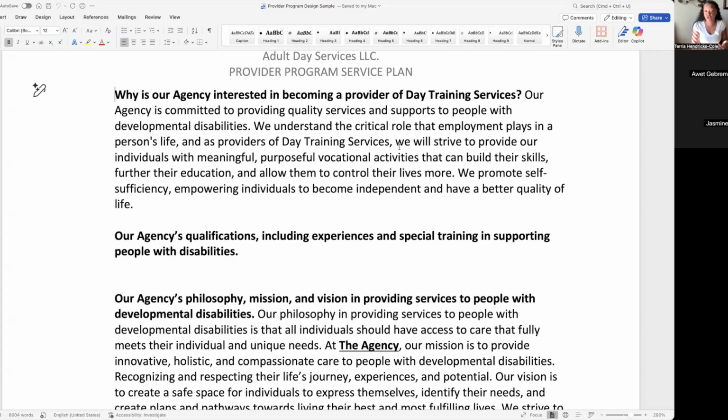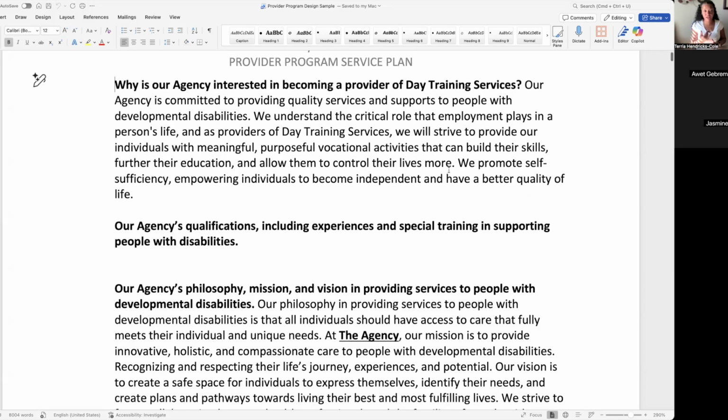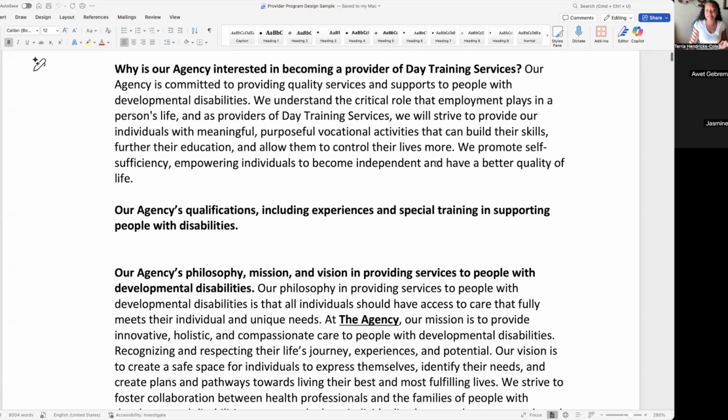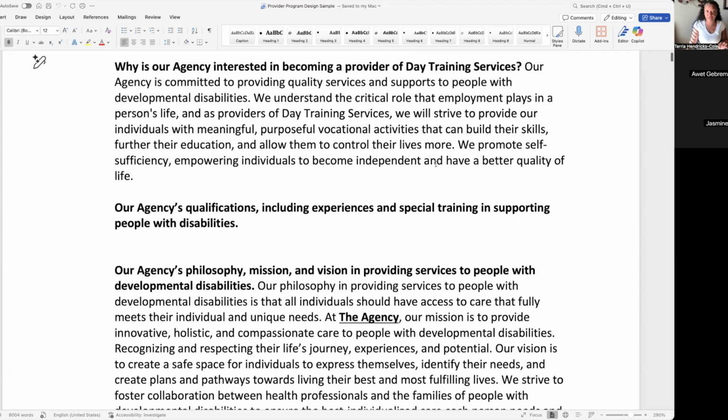But as far as the services you're planning on providing, it may not be vocational, so make sure it aligns with the services you plan on providing, and what your agency plans on offering. If it's medication support, medical support, or, like I said, socialization, it needs to be in alignment with what your agency is anticipating on providing.